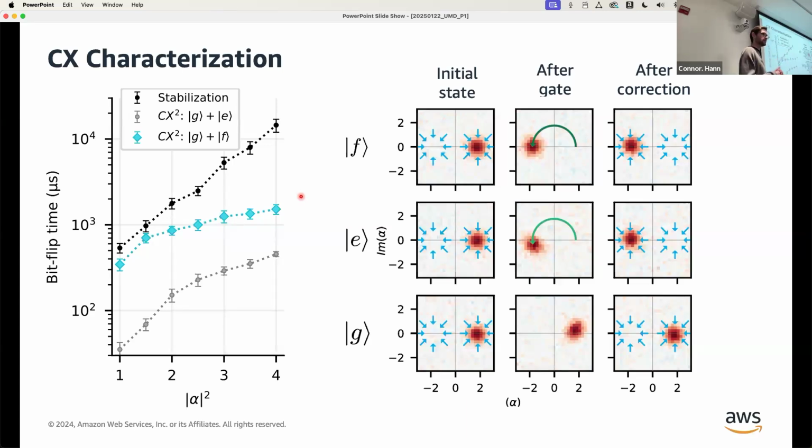You can always repeat those measurements and try to ascertain that syndrome measurement in the next round. But the main thing we have to worry about is making sure the cats don't have bit flip errors, because if the transmon error propagates to that, there's nothing that we can do about it. Let's see, any other questions about the gate at this point?